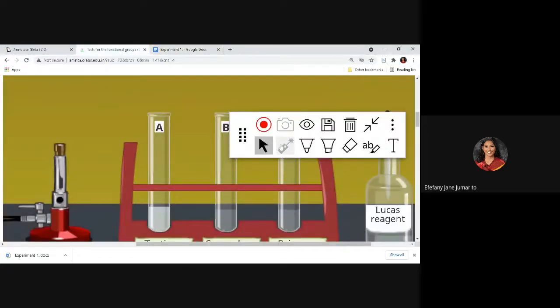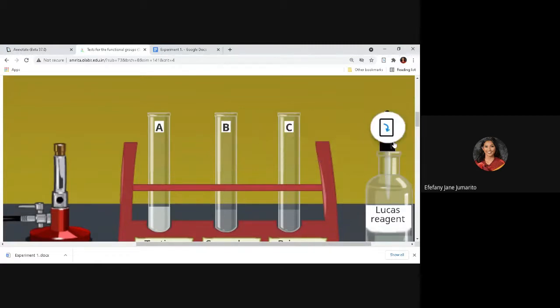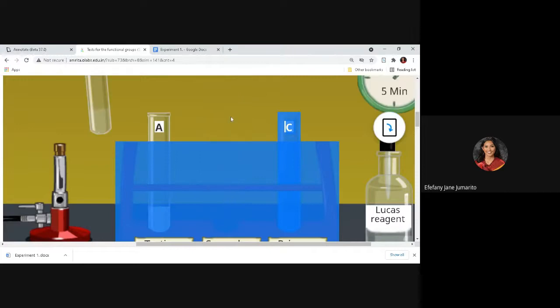After that, let's go to test tube B. We shake it. Now, look at the cloudiness.